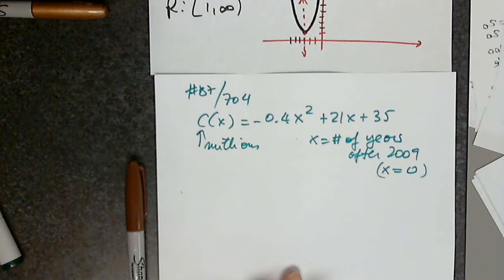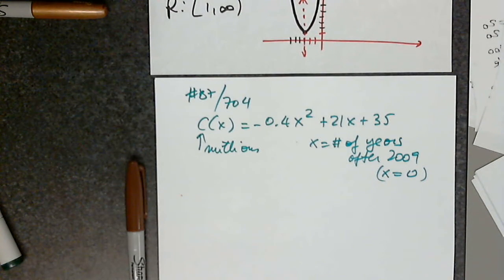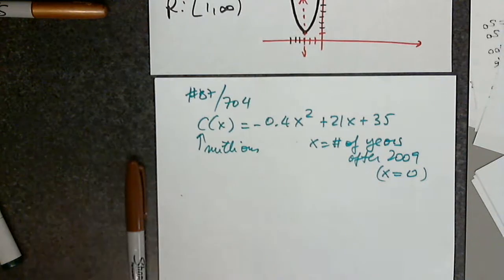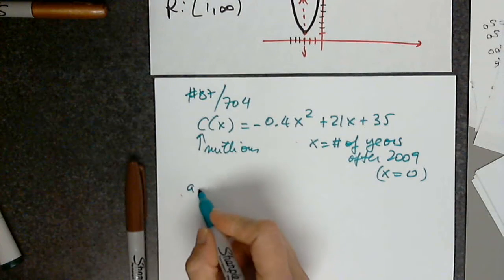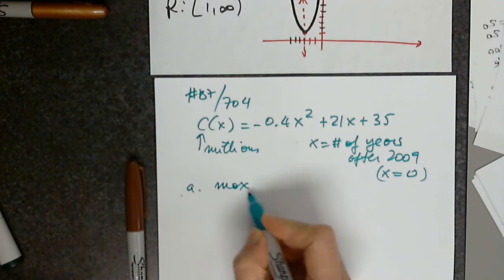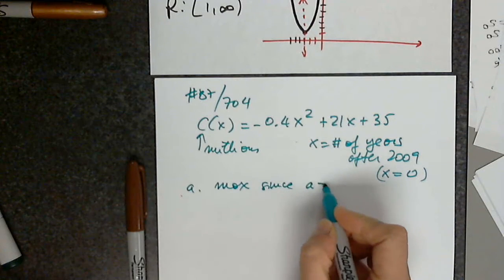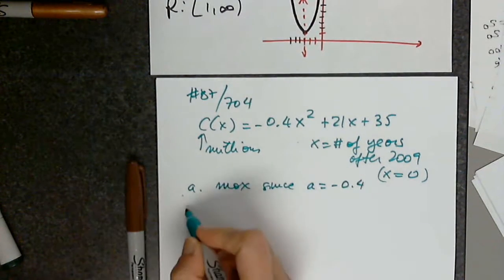Will this function have a maximum or a minimum? Yes, the function will have a maximum, since a equals negative 0.4.